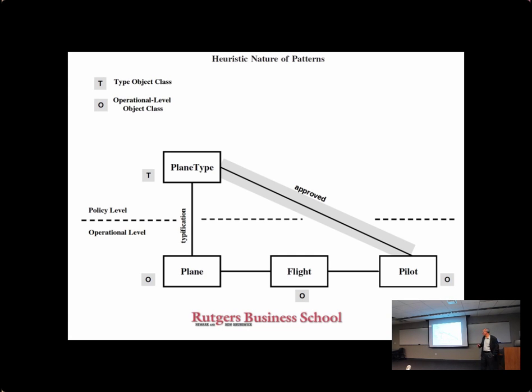This talks about the heuristic nature of patterns. So it's like with the service operators, right? So what are we talking about? Pilots are usually qualified to fly certain types of planes. Okay?